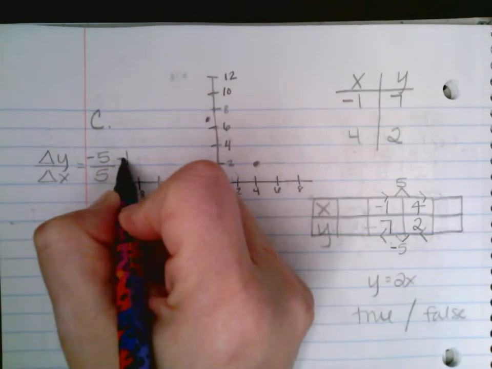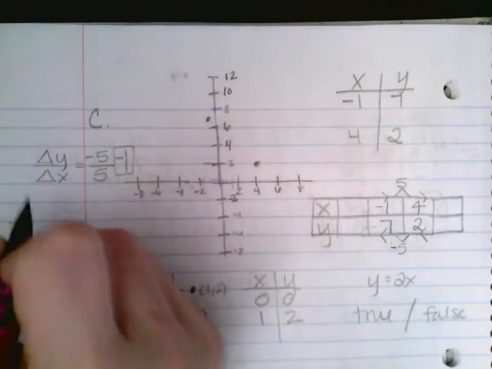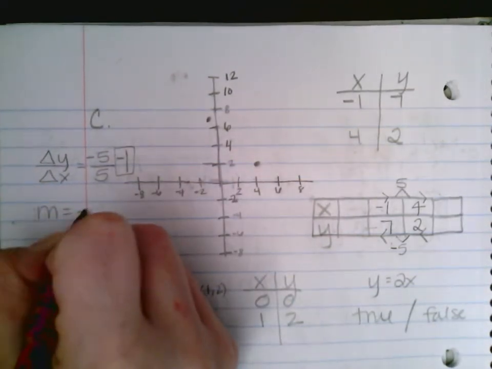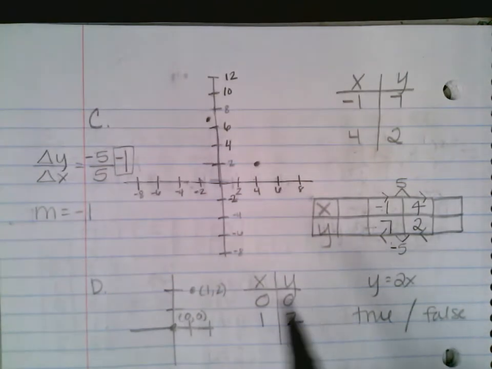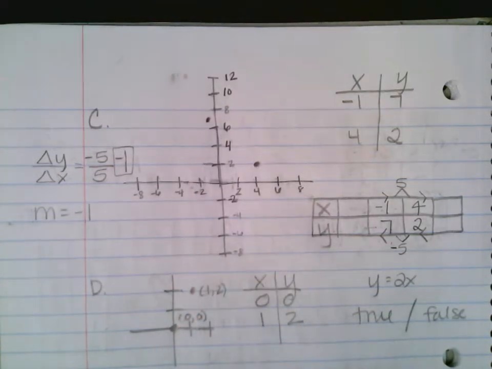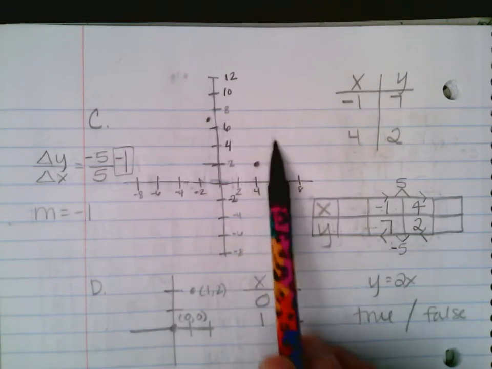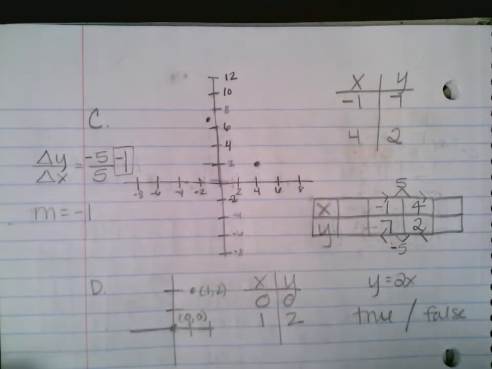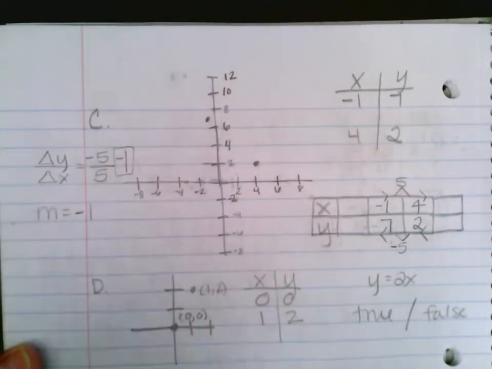So my slope is negative 1. Let's double check this, because if our slope is negative 1, that means we're walking down the stairs. Are we walking down the stairs or going up the stairs? We're walking down. So I know that my slope is negative.